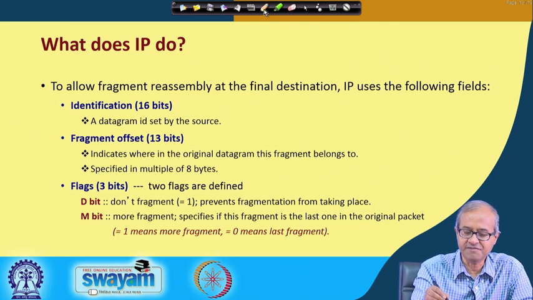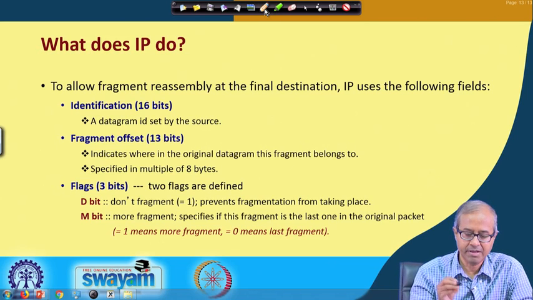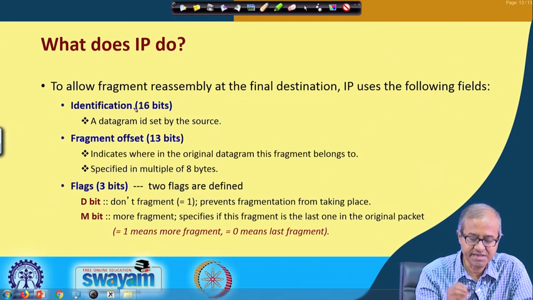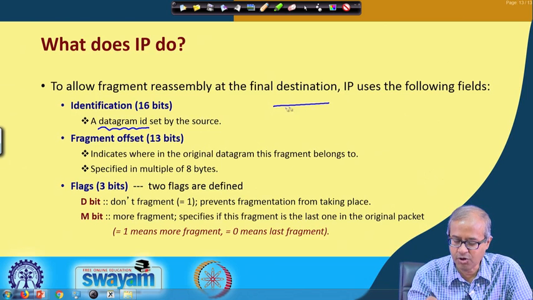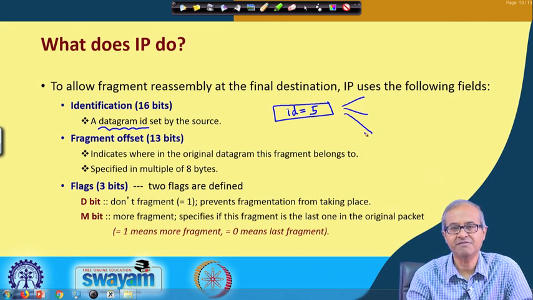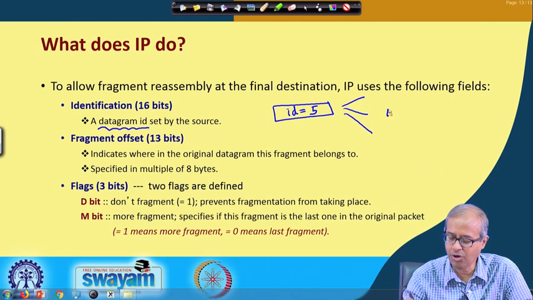The meaning of these fields are as follows. The identification is a 16-bit field. This identifies the datagram ID, that means the original packet ID. The idea is that if my original packet has an ID of, let us say, 5, then all the fragments that will be created from this packet will all have an ID of 5.